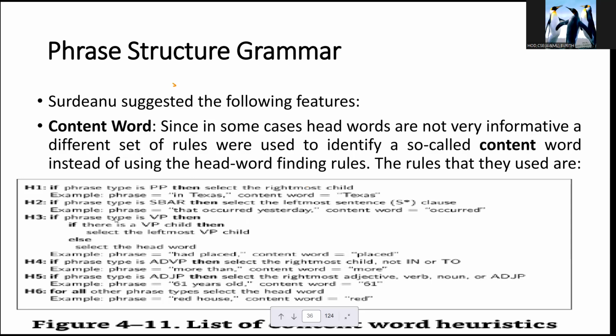If your phrase is a verb, the leftmost word of that particular verb can be called the content word. Similarly, placed is the content word in had placed, because here had doesn't have any meaning. Once you add the content word placed, then only it gets the meaning.